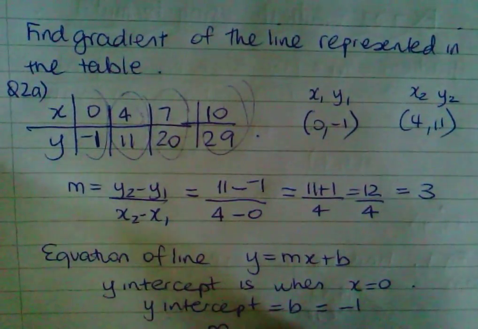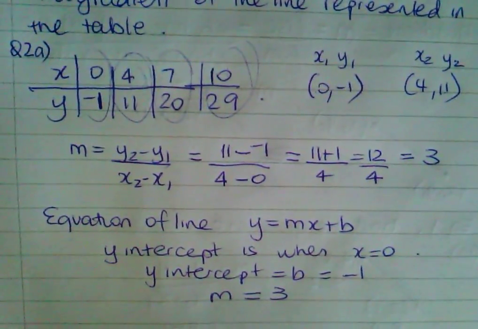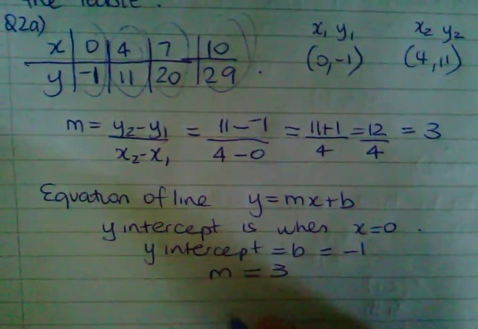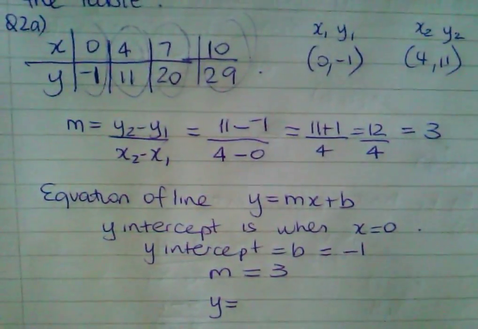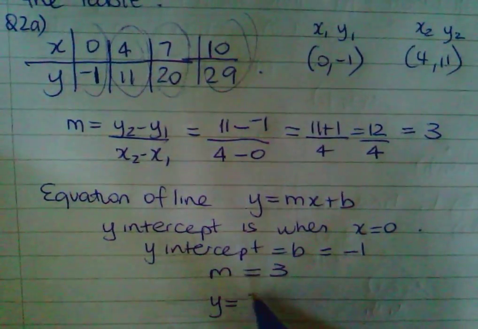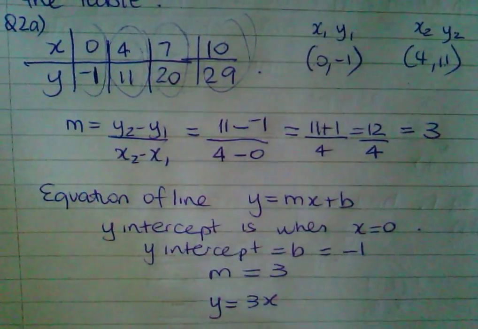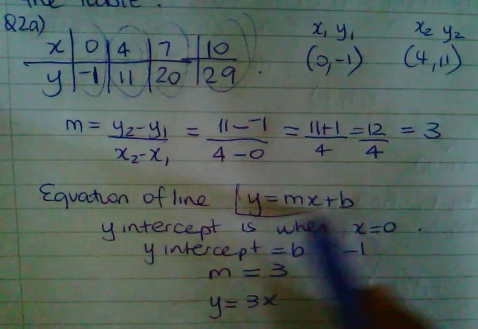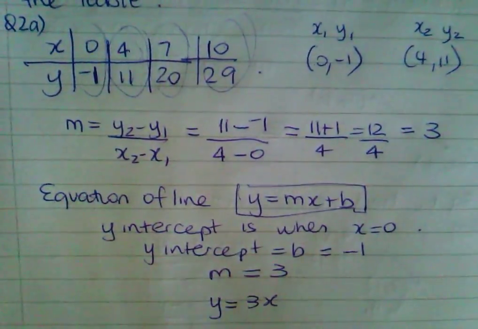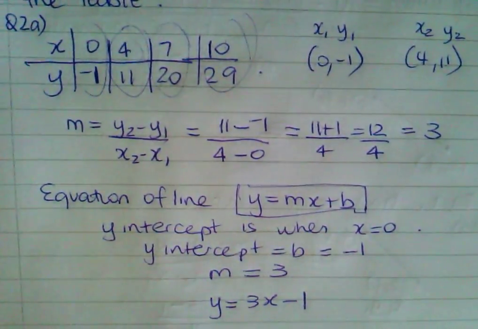And I know that my gradient, because I just worked it out, was 3. So therefore, the equation of this line is y equals, what do we got? 3x. My y-intercept is negative 1. mx plus b is the equation of a line. What's the b? Minus 1. Okay? All right, copy that down.